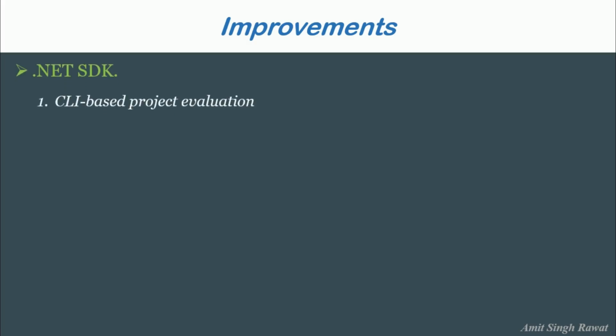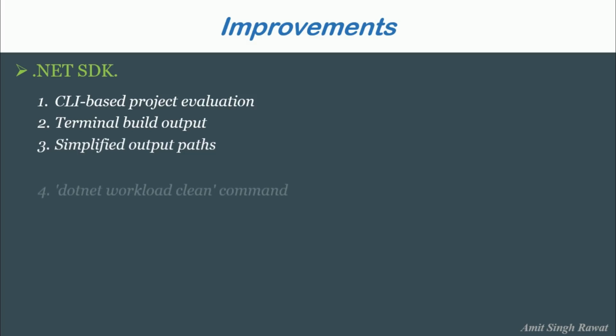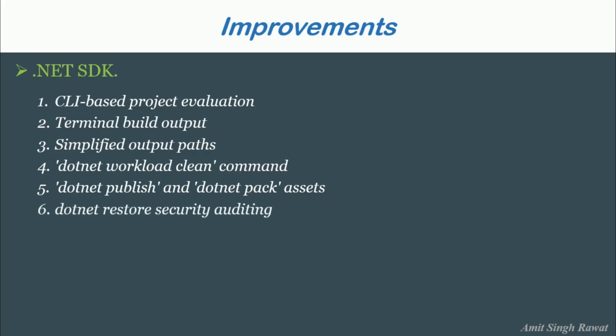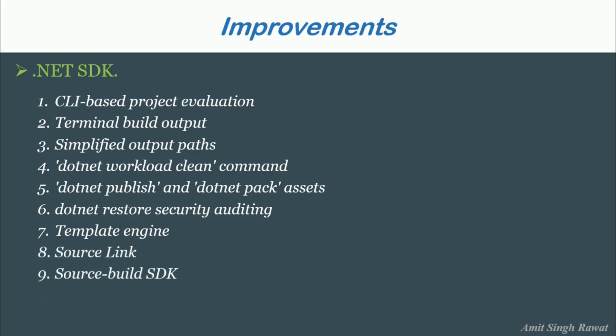Key updates include CLI-based project evaluation, terminal build output, simplified output paths, .NET workload clean command, .NET Publish and .NET Pack assets, .NET Restore security auditing, template engine, source link, source build SDK.